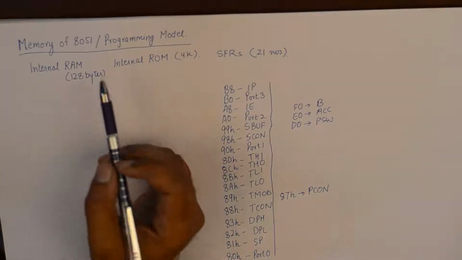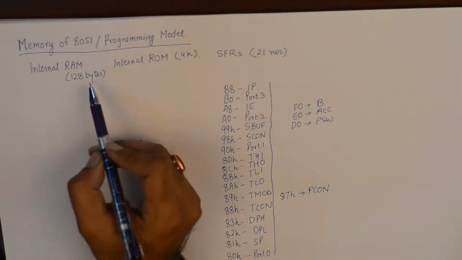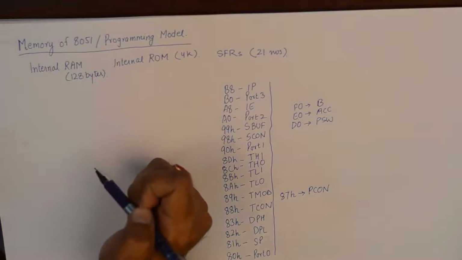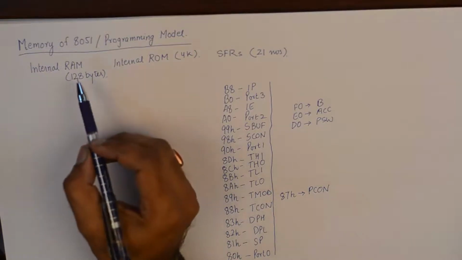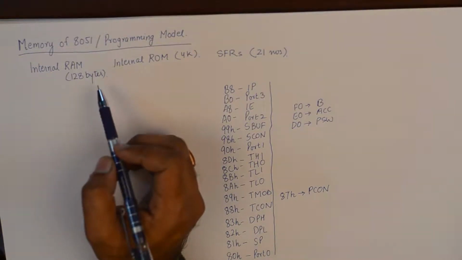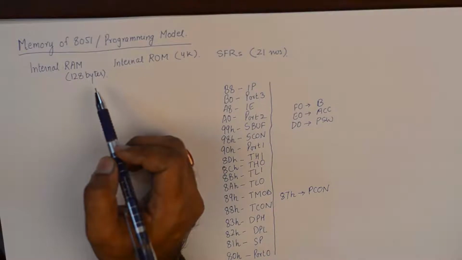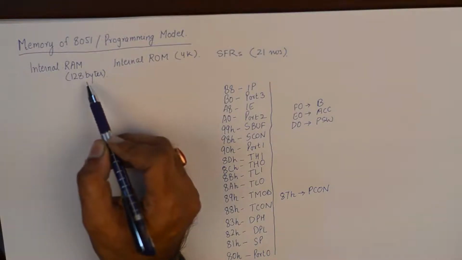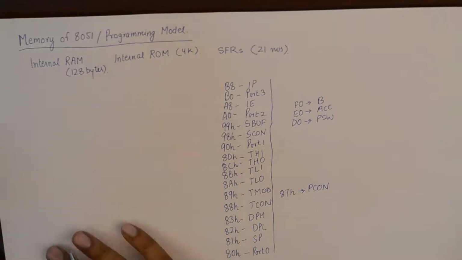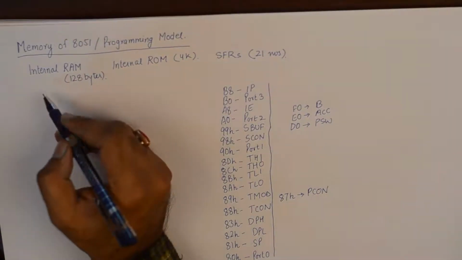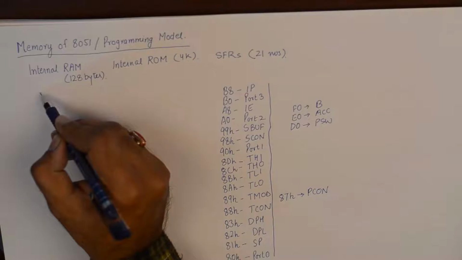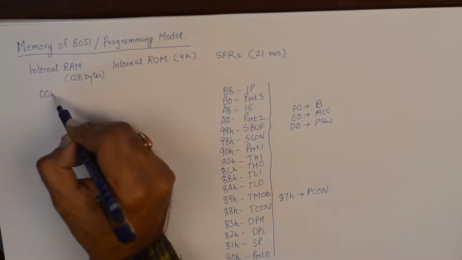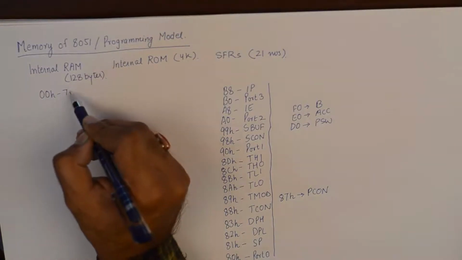Now, in 8051, the internal RAM is 128 bytes, and going by the rules of finding the addresses for this internal RAM, they'll come out to be from 00H to 7FH.